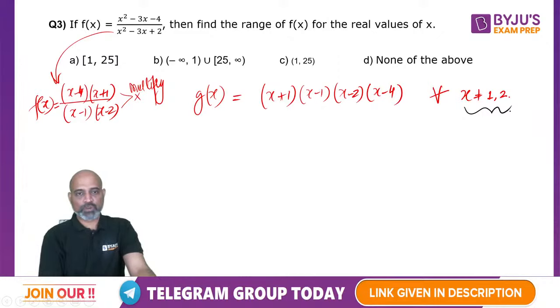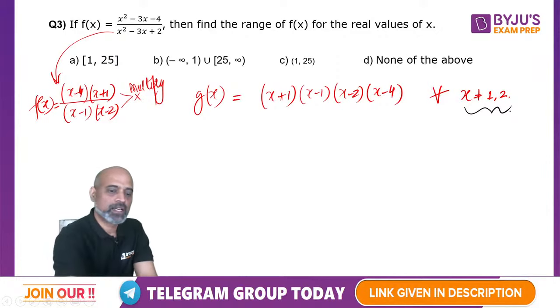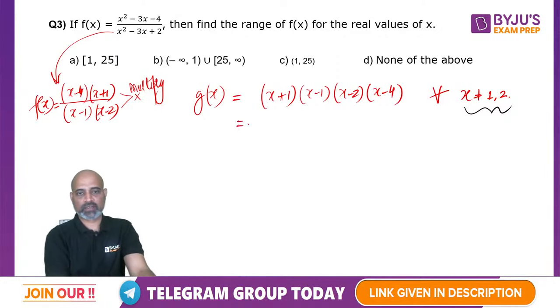Now what I am going to do is multiply this, which is going to be a fourth order. And if I equate it to 1, delta is going to make it difficult.